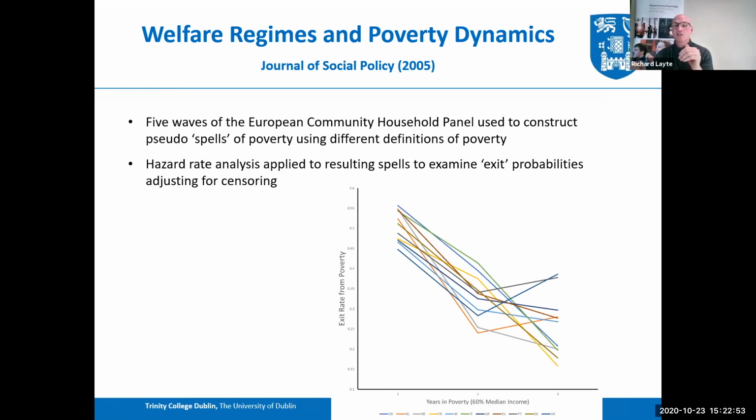And the patterns that emerged from this were really interesting, because what you tended to find is that those countries in Southern Europe that tended to have higher cross-sectional rates of poverty also tended to have more persistent poverty at the individual level and household level, and that people were more delayed in exiting from poverty. And the same thing was true in the US when we were comparing our European data to US data.